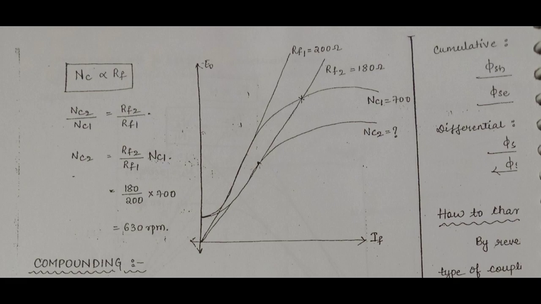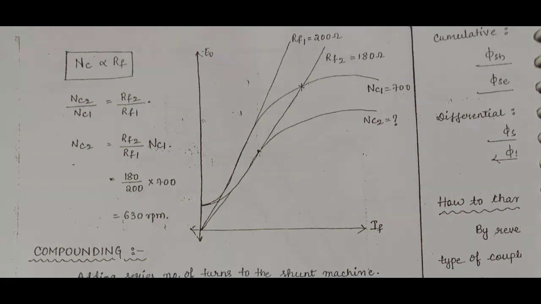NC2 by NC1 equals RF2 by RF1. NC2 equals RF2 by RF1 into NC1, that equals 180 by RF1, which is 200, into 700, that equals 630 RPM.